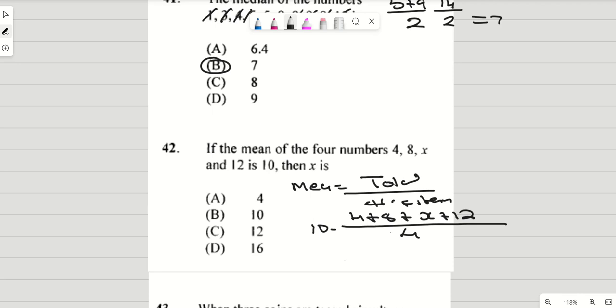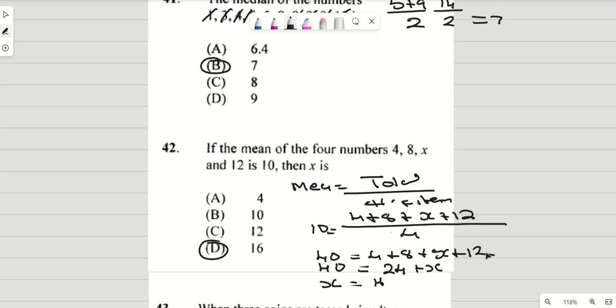So if we carry this 4 across, it's going to be 10 by 4 is 40 is equals to 4 plus 8 plus x plus 12. So 40 is equals to 12 plus 8 is 20, 20 plus 4 is 24, plus x. So x is equals to 16. Yeah, 16. So the answer is D.